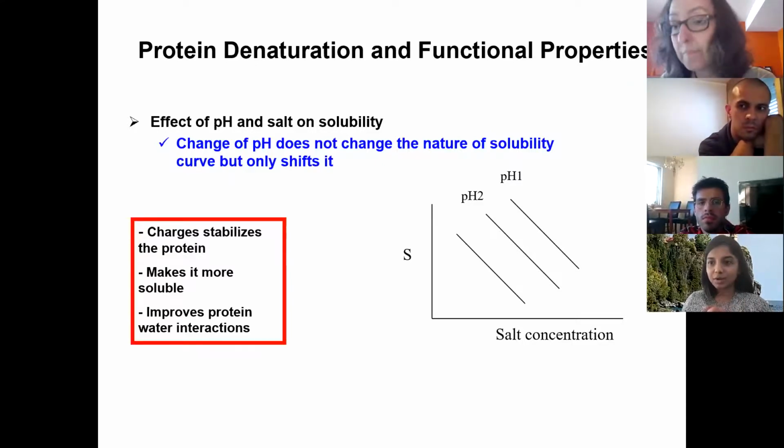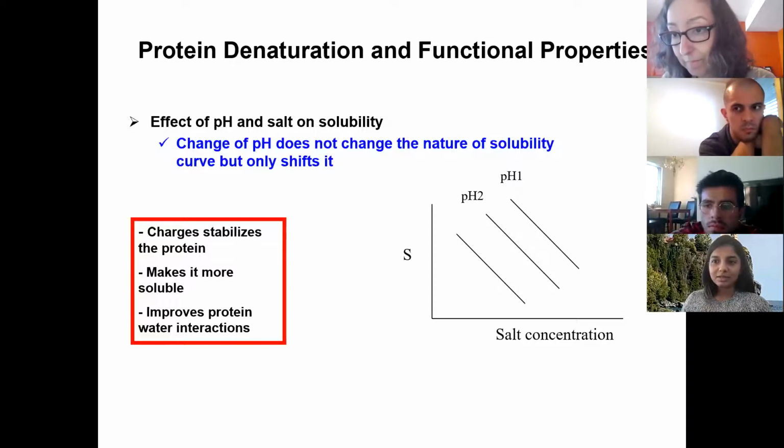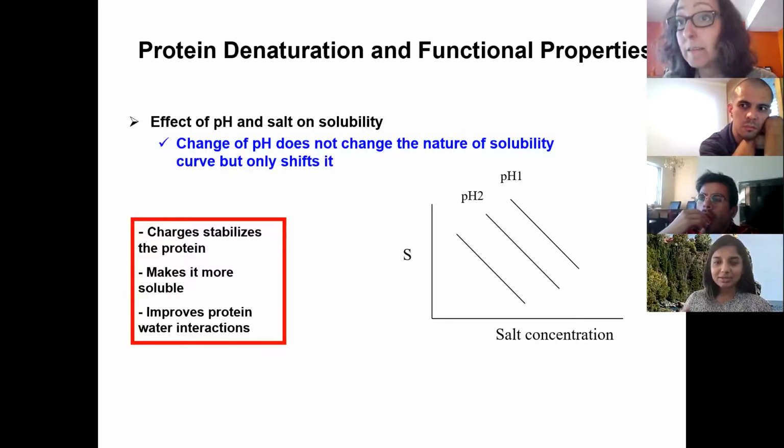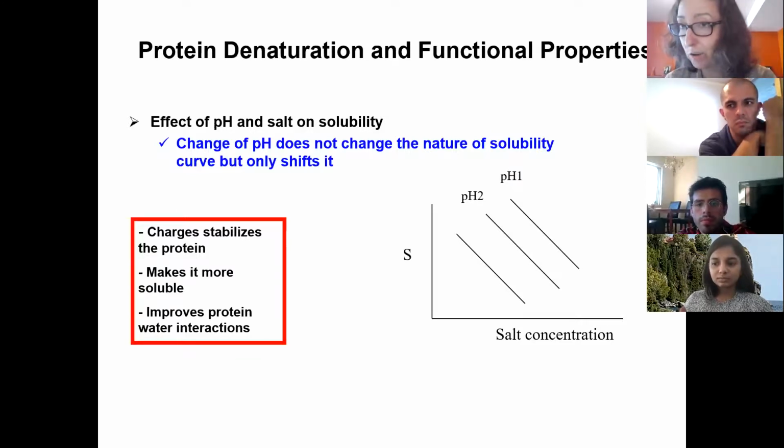Radhika? Pam, I wanted to ask, does the structure of the carbohydrate we choose to glycate affect these properties? So like a small sugar versus, and I also know we spoke about how small sugars can influence solubility, like salt. Yes, absolutely. But in this example, we're covalently linking them via a Maillard type of reaction. So we don't tend to use small sugars because they're highly reducing sugars like glucose.